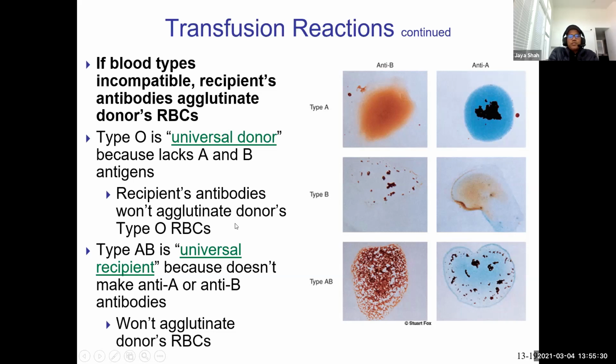Recipient's antibodies won't agglutinate donor type O RBC. Type AB is the universal recipient. So O blood group is called universal donor because they can give to anybody due to these reactions. And type AB is the universal recipient because it doesn't make anti-A or anti-B antibodies and won't agglutinate donors' RBC. So you can give to anybody, okay?